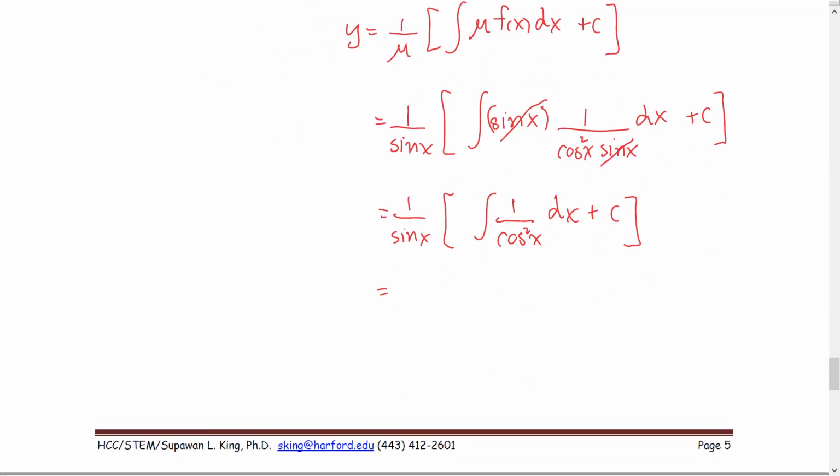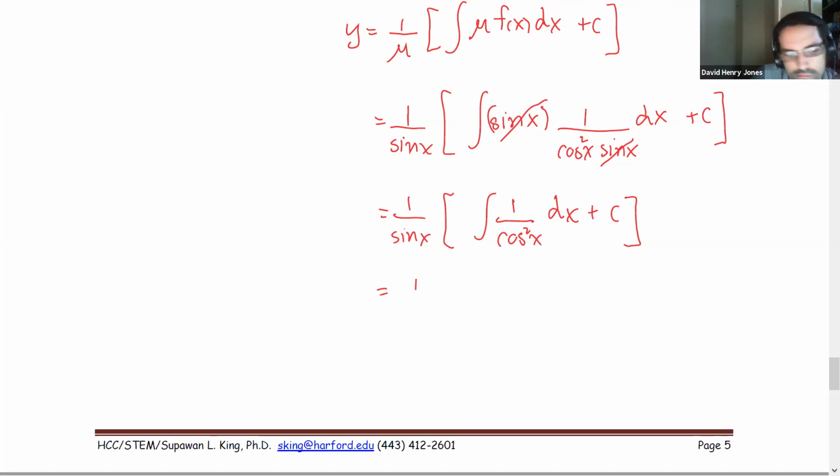How do you find the antiderivative of 1 over cosine squared x? Think about what would be the equivalent form of 1 over cosine squared. So it's secant squared x?